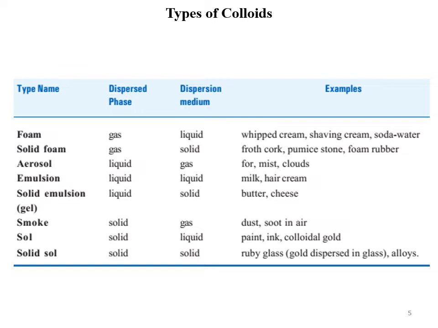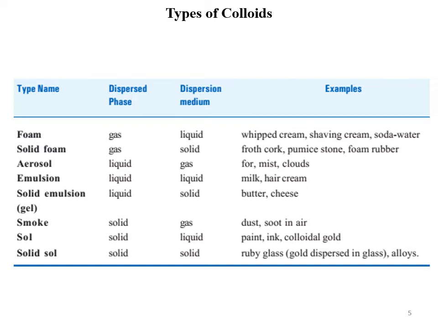The ninth one, which is a colloidal dispersion of one gas in another gas, is not possible since the two gases would give a homogeneous mixture, and a homogeneous system cannot be named as a colloid. So this table is representing different types of the colloids based upon the nature of the disperse phase and dispersion medium.